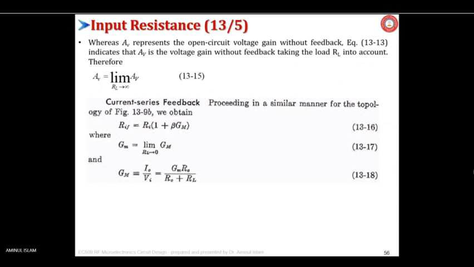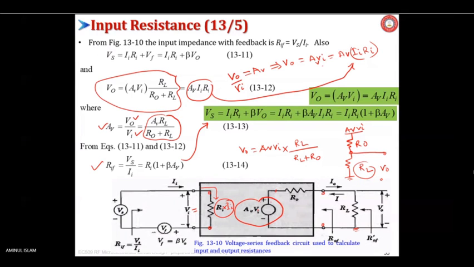Okay. Yes, sir. Here some notational indication is required. This Av, v is very small. This Av, V is capital. You might not have observed, that's why I'm pointing out.